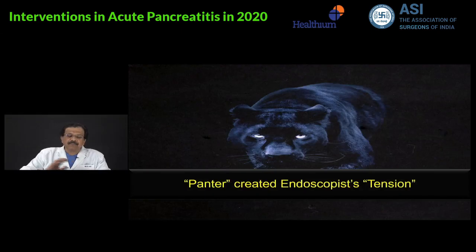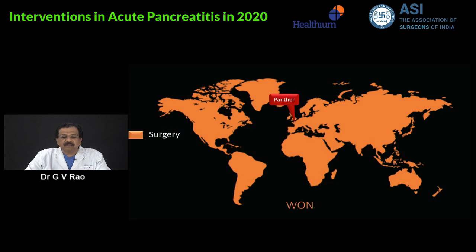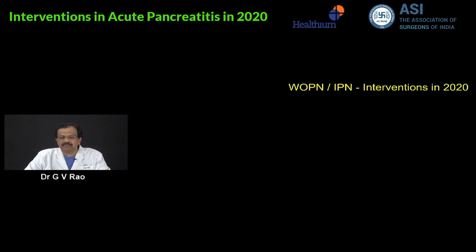So this PANTER trial, which came in NEJM, which was a step-up approach by the radiologists and the surgeons together, has created endoscopist attention because the endoscopists started doing this procedure, and in addition to the interventional radiology procedures, umpteen number of centers across the globe started becoming very aggressive endoscopically, and endoscopy has become one of the modalities to treat these patients with walled-off pancreatic necrosis.